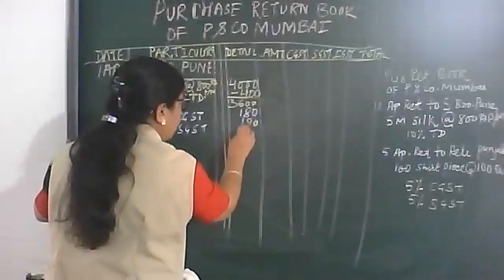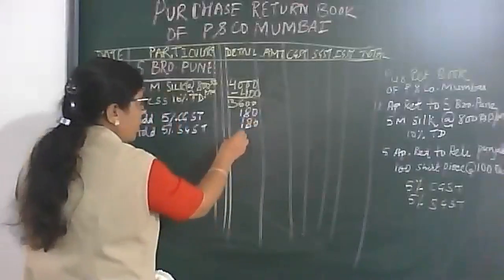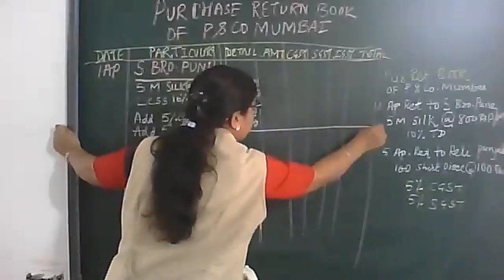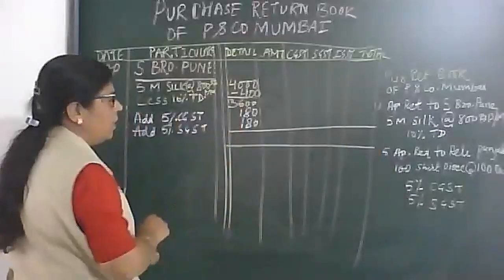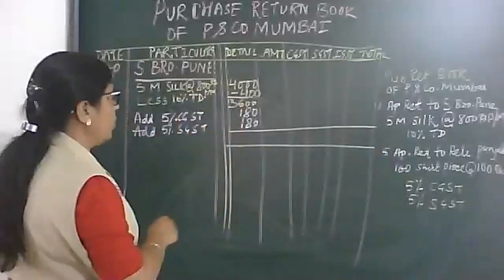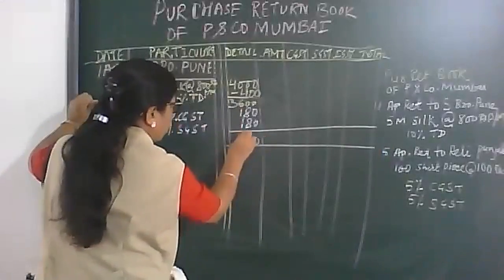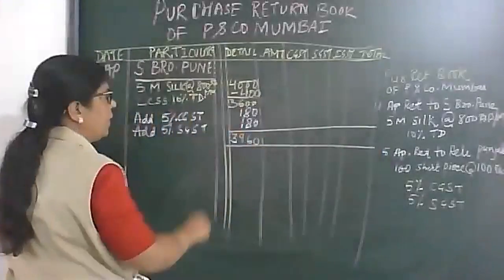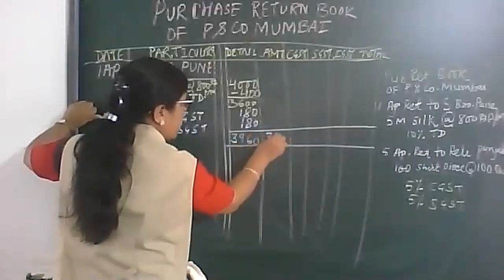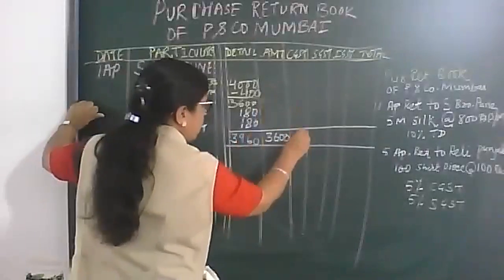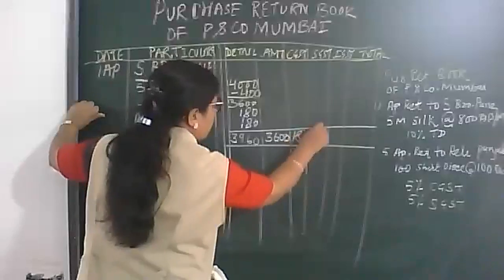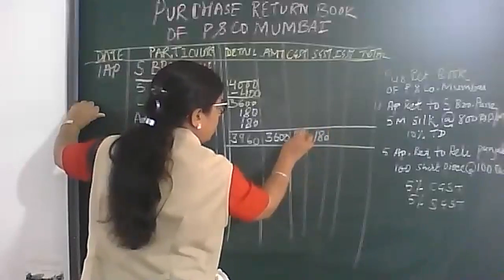Now the total: amount is 3,600, CGST 180, SGST 180.